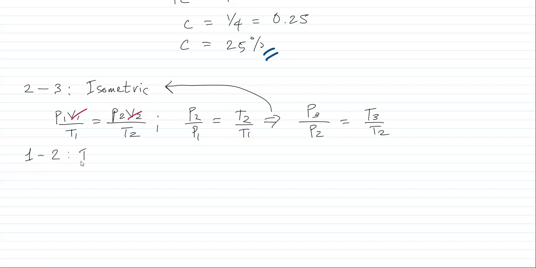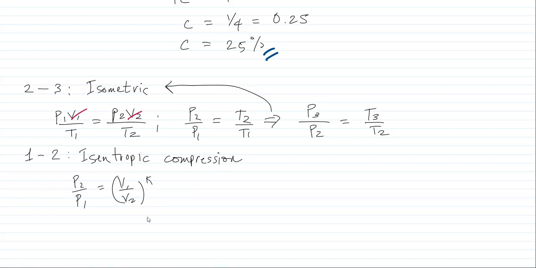the isentropic compression. Okay, so we will recall the isentropic formulas. So we have P2 over P1 is equal to V1 over V2 raised to K. And V1 over V2 is your isentropic compression ratio.